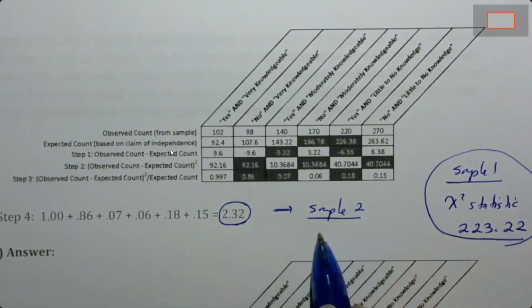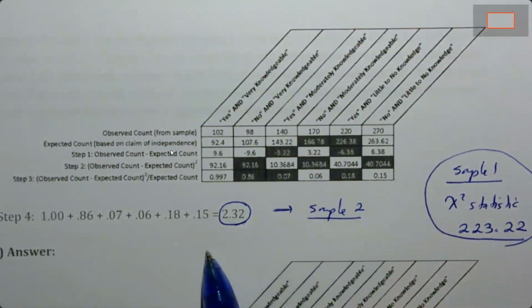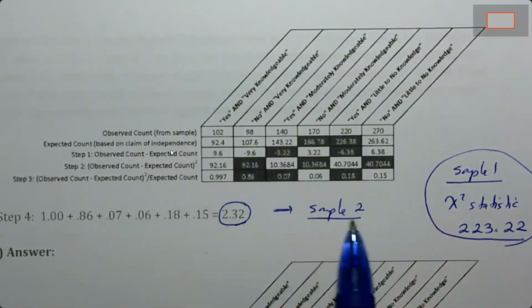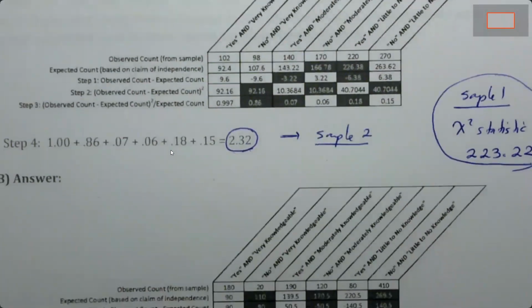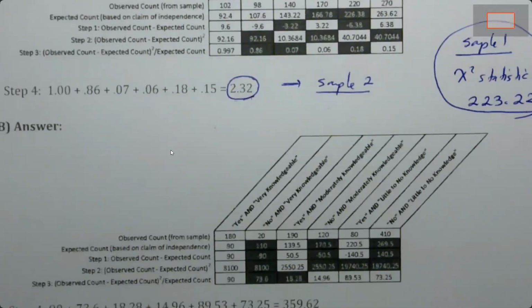For sample 2, the chi-squared is 2.32, a number which is much smaller than 223.22. Let us take a look at the last sample, sample 3.